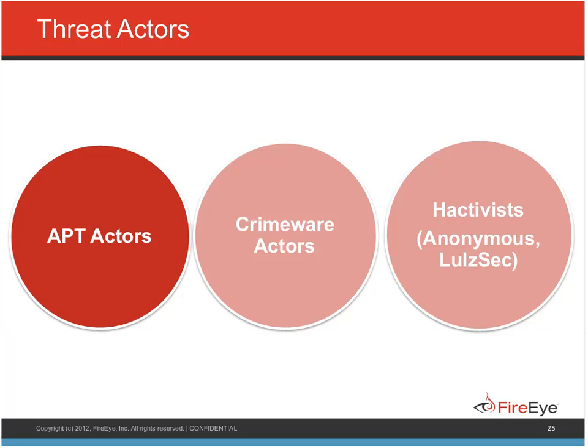So there are three large groups of threat actors that I'll propose. The APT actors, these would be potentially nation states that are seeking to disrupt the U.S. critical infrastructure for purposes of further attack or potentially cyber warfare. There are the Crimeware actors. These are the folks that are just infecting systems to infect systems.